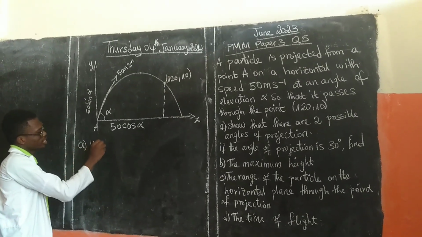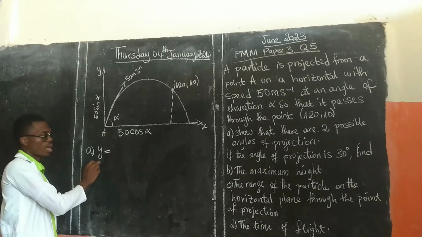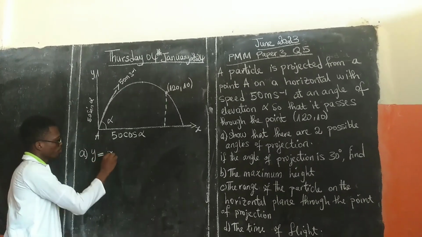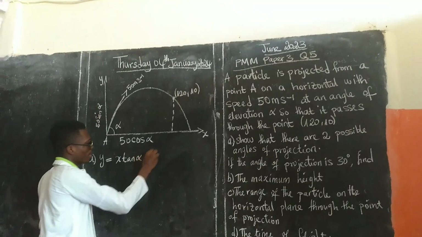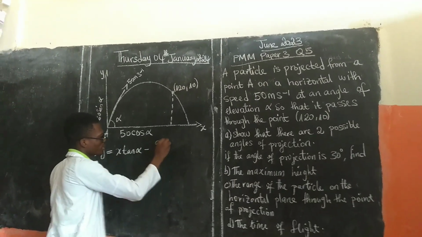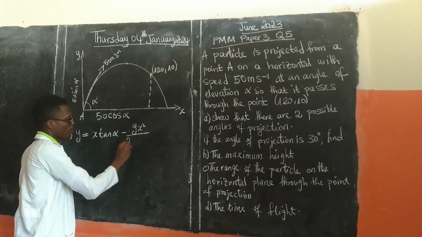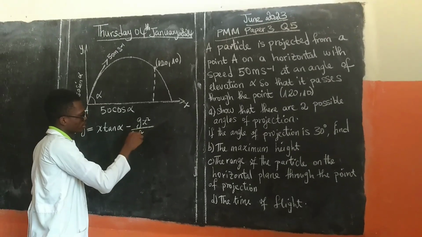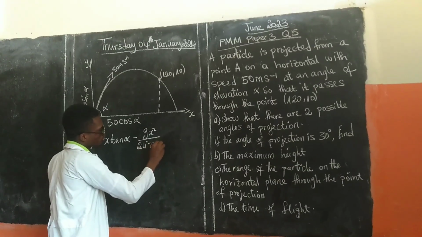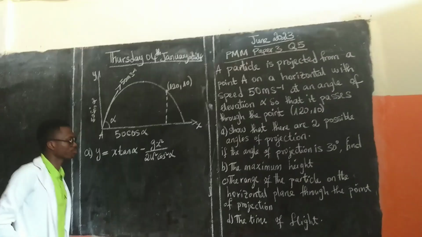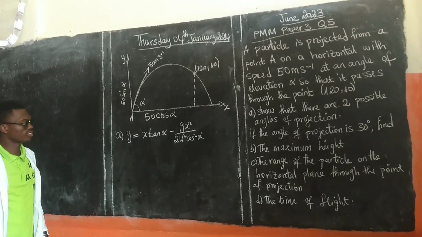The equation of trajectory of the projectile is given as y equals x tan alpha minus g x squared, where g is gravitational acceleration, divided by 2 u squared cos squared alpha. This is the equation of path, the equation of trajectory.